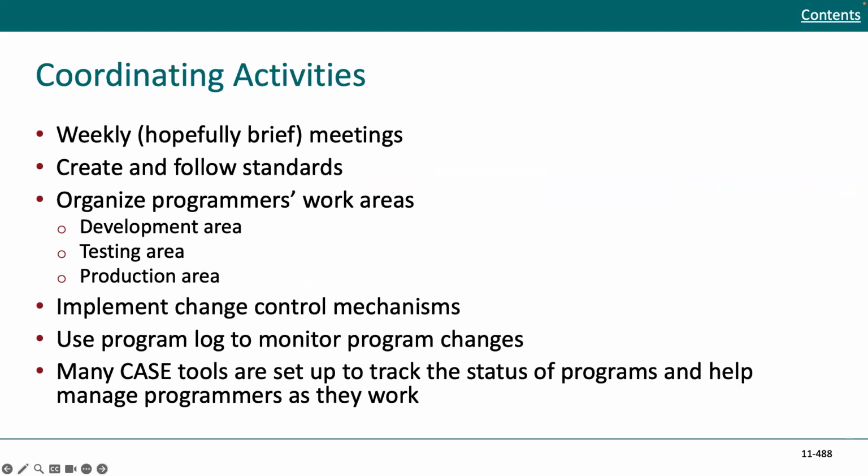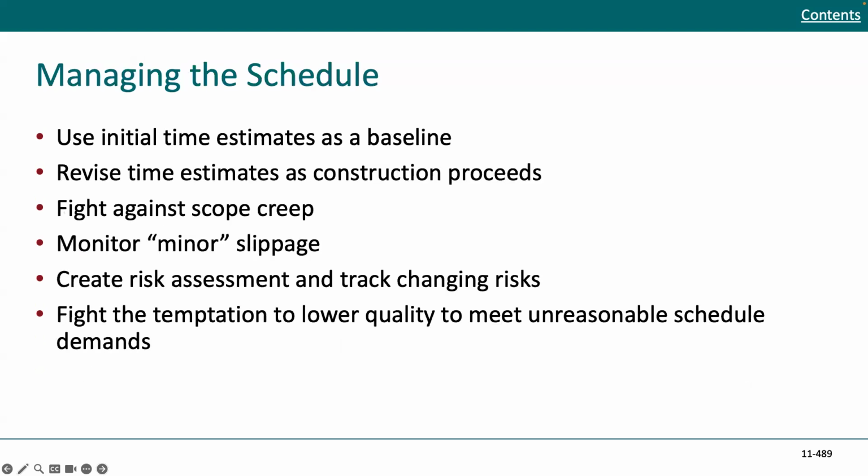You want to implement change control mechanisms, so you have a good sense of where and when things are changed, and a track record. You want to use program logs to monitor the program changes. And many CASE tools are set up to track the status of programs and to help manage programs as they work. So we're talking about large enterprise type of programming here.